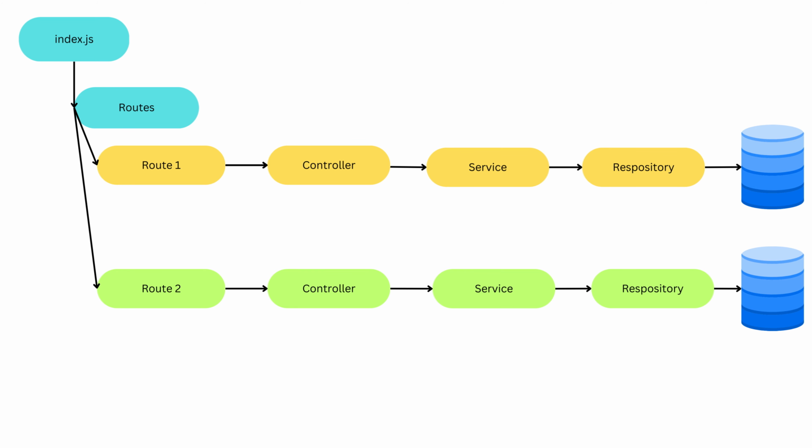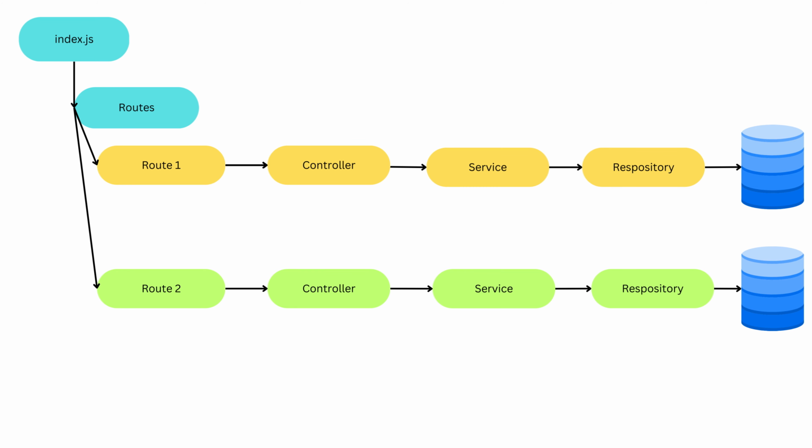Basically, the controller handles all the control flow. For example, if any route needs to get data from different sources, the controller will handle all that flow for you, and the service class will maintain all the business logic, and the repository will handle all the database related stuff.